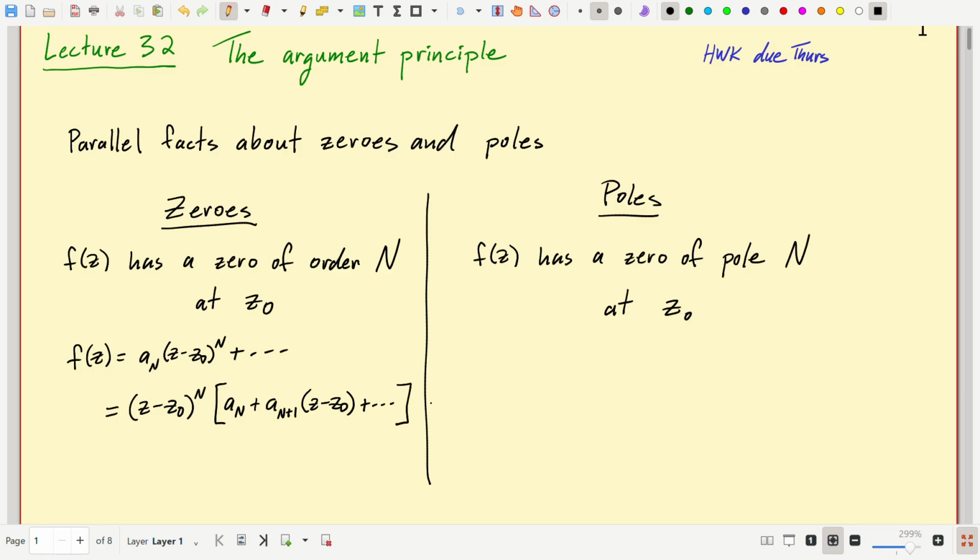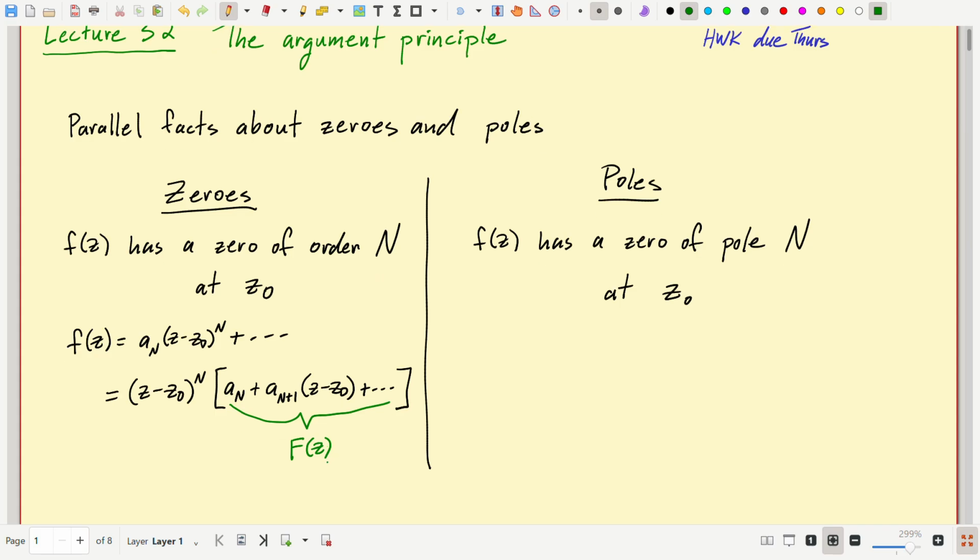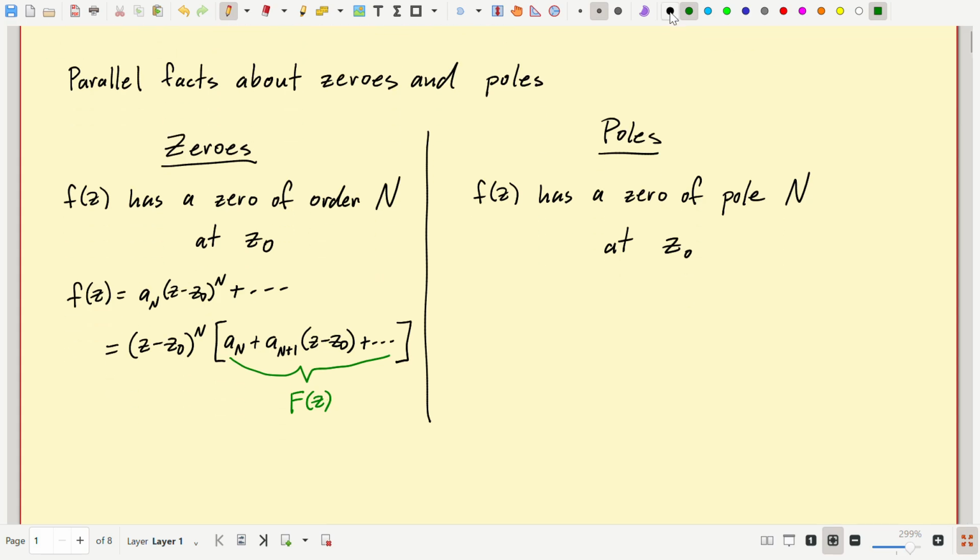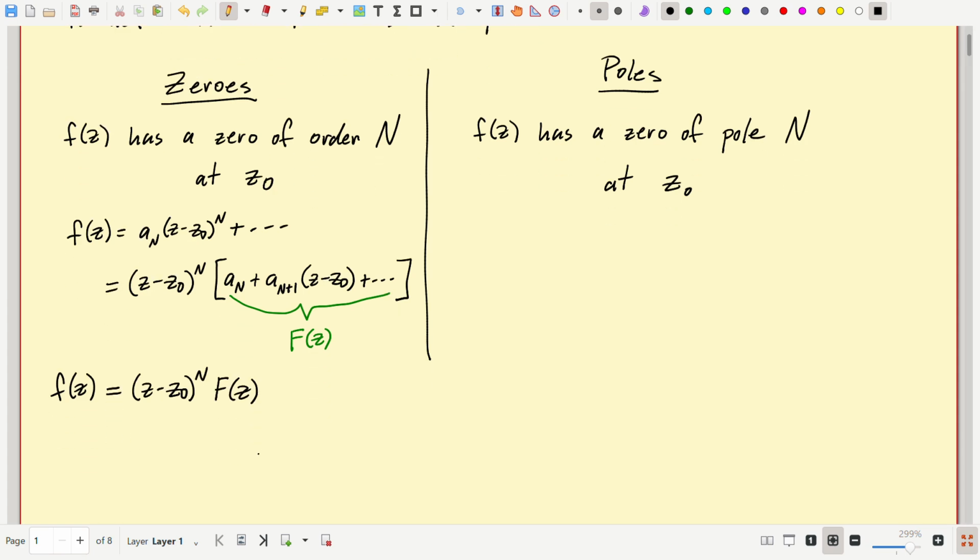And why don't we call this capital F of z? Then that's an a_n. So we've seen that if f has a 0 of order n, then we can write it as z minus z0 to the n times F of z, where F of z is analytic.